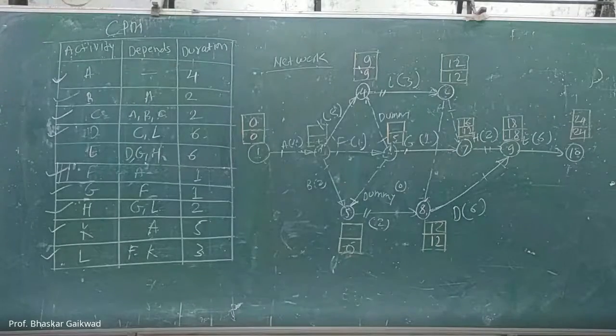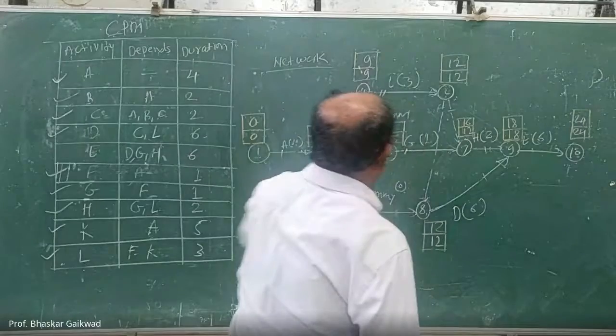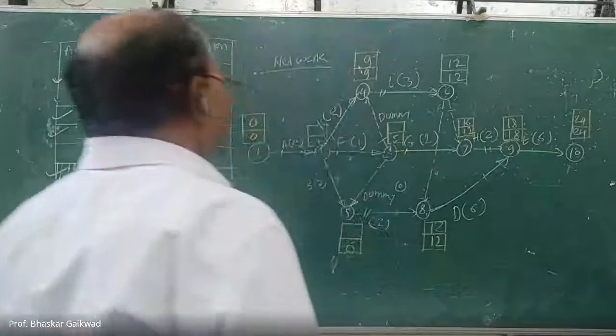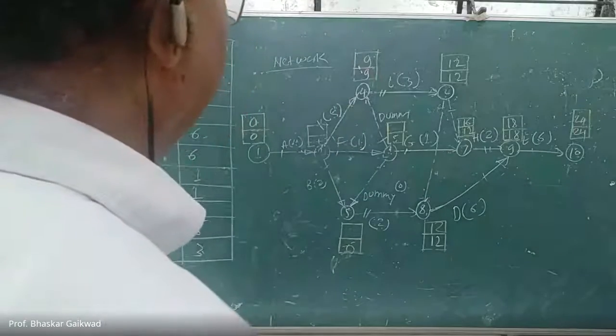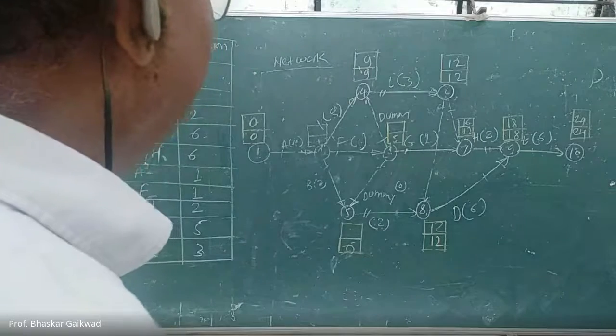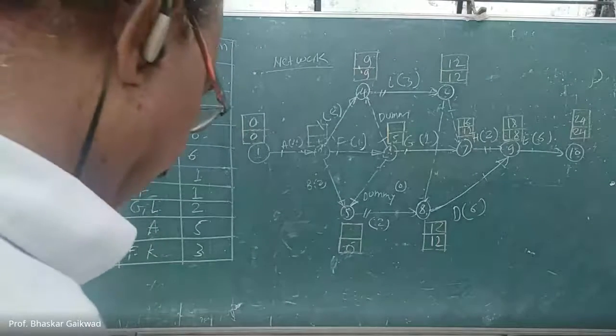Which is the minimum that you have to consider. 60 minus 5 minus duration. So here it is 9.